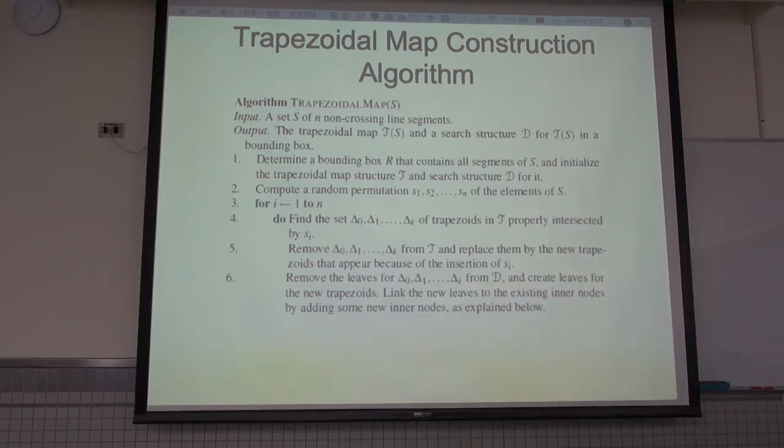The reason to do a random permutation for these line segments is to avoid any potential ordering of the line segments. With randomness, if you insert these segments in random order, the query or the storage space will be more ideal.